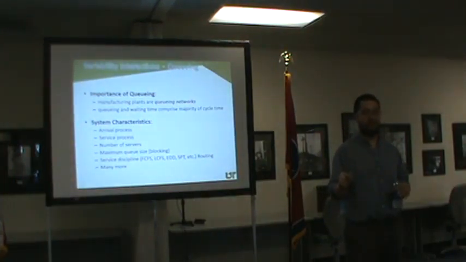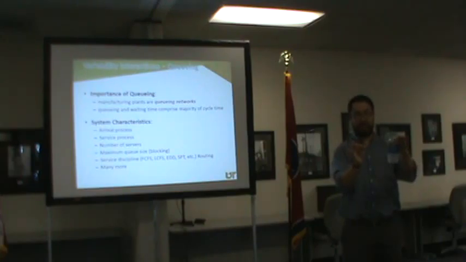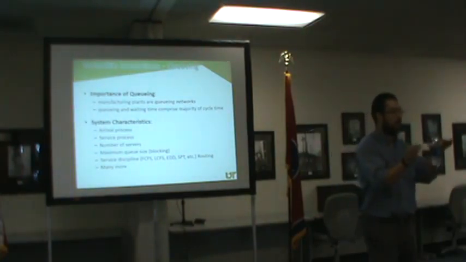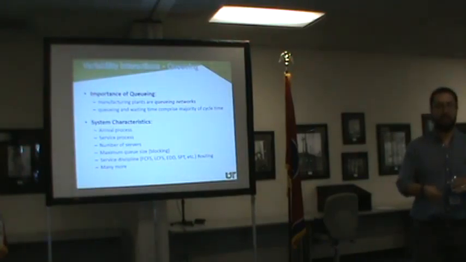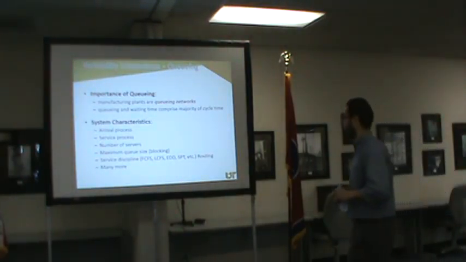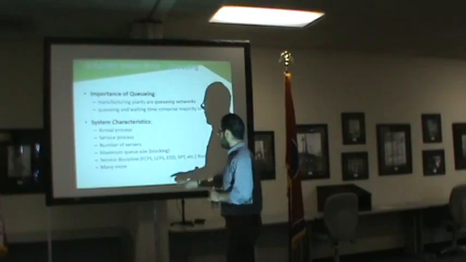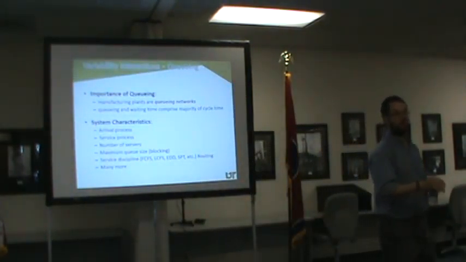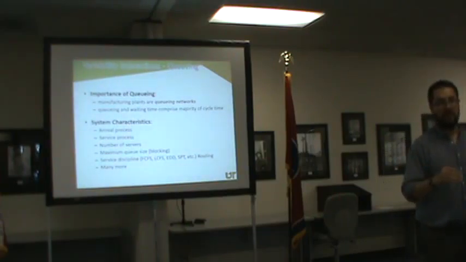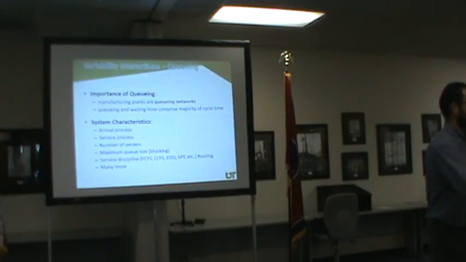Some would decide to stay, but then from that capacity of the space, it doesn't vary much into how many people would actually be willing to wait. And then there's the service discipline. And these are configurations on how you prioritize the order in which you're going to be providing the service.